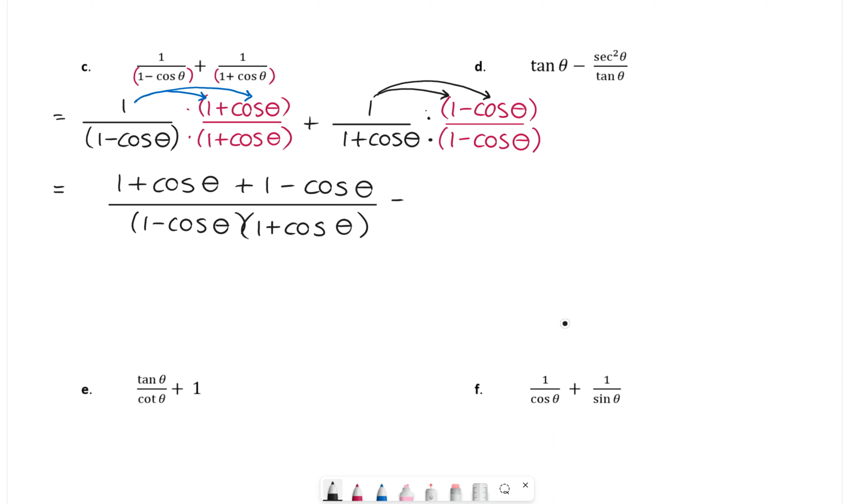So that's going to reduce to 1 plus 1 is a 2. And notice that the positive cosine theta and the negative cosine theta become 0.